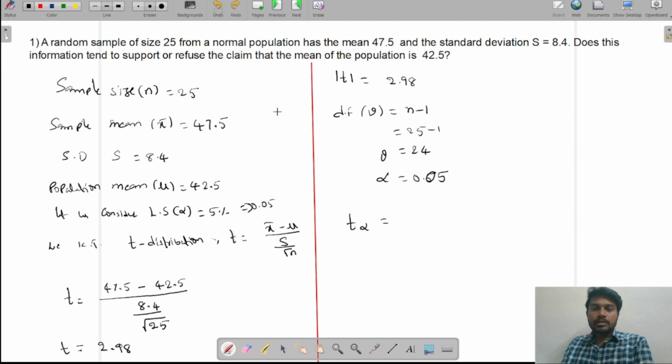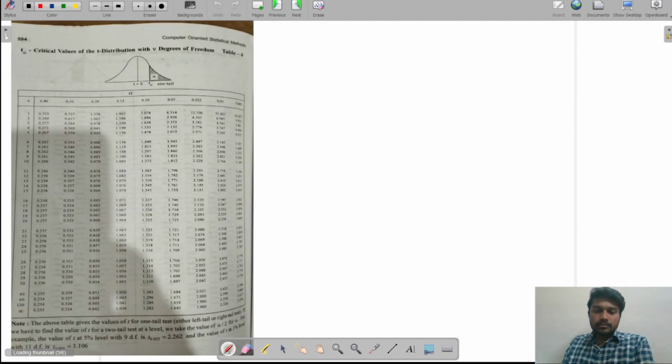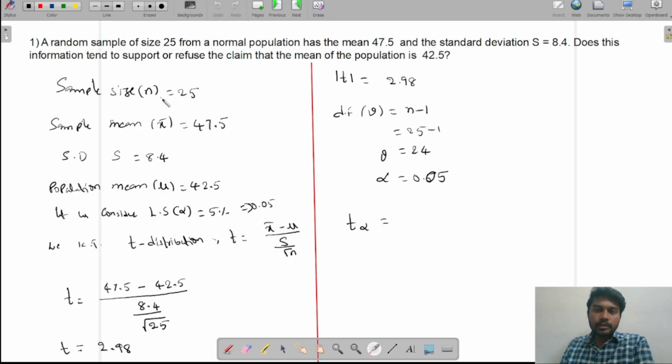Then the combination of these two, what is the value from the table? Let's see now. In the row we have the nu values, and in the column we have the alpha values. So the alpha value is 0.05, right? Here is your 0.05 alpha value. And the nu value we had is 24, since 25 minus 1 is 24.